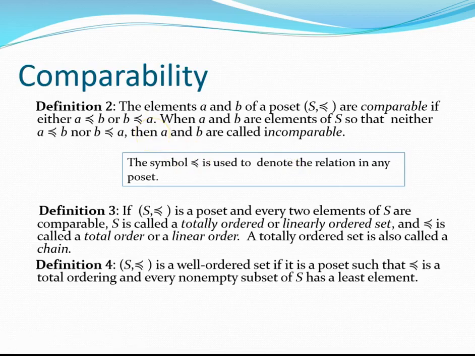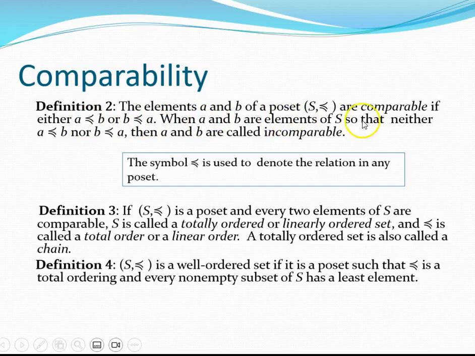Definition 2. The elements a and b in a poset (S, ≼) are called comparable if either a is less than or equal to b or b is less than or equal to a.